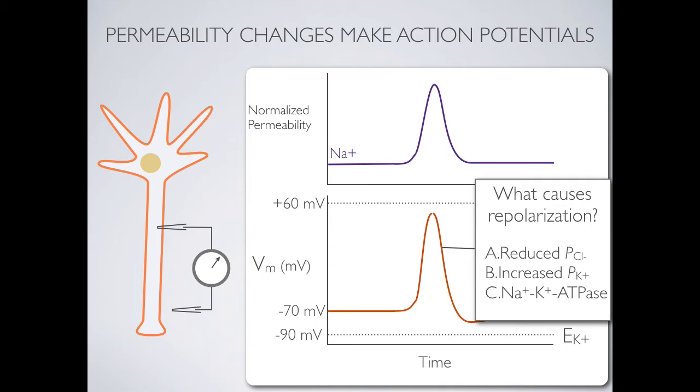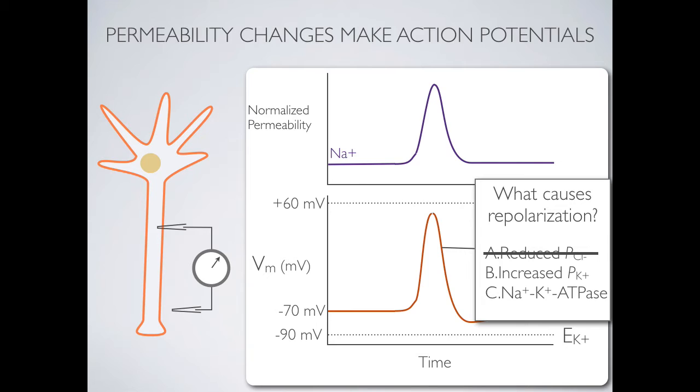All right, about three-quarters of you got the right answer. So it's not A. We haven't really talked about chloride yet; we'll talk about chloride later. So right now, chloride's not really in the mix. And that leaves both potassium and sodium-potassium ATPase. Now, both eventually have the potential to do the same thing.